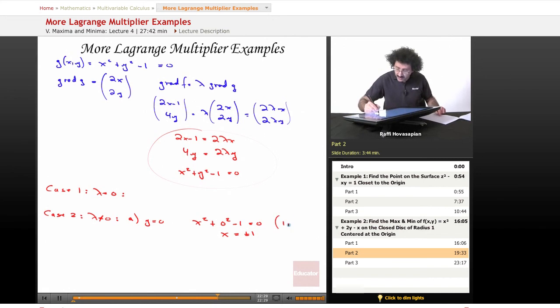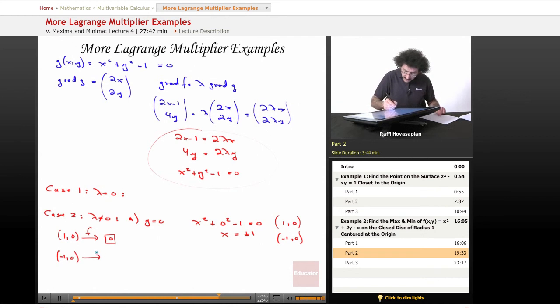Therefore, I'm going to have the points (1, 0) and (-1, 0). At (1, 0), when I evaluate f, I'm going to get 0. And when I evaluate at (-1, 0), I'm going to get the value 2. So now I've got (1, 0) and (-1, 0).